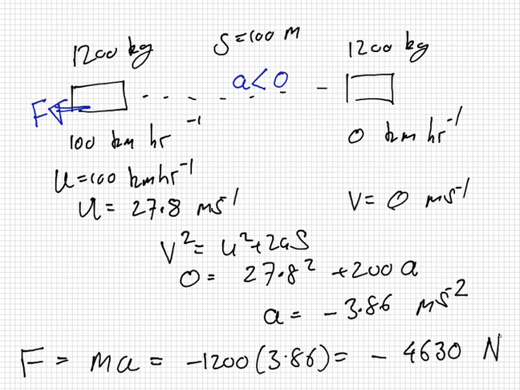Excuse me? U is equal to 100 kilometers per hour. Why change it to 27.8? Because I converted it to meters per second. Yes, okay, we change it to meters per second. I changed 100 kilometers per hour into meters per second. You see, we did this in the first lesson, the lesson which you didn't do the homework for.